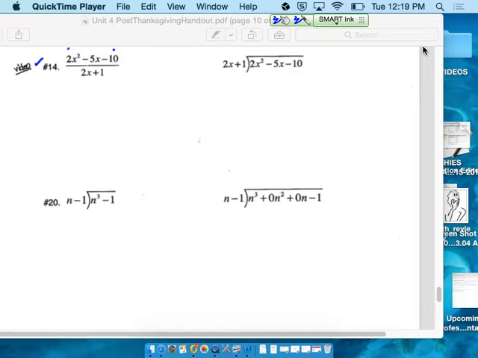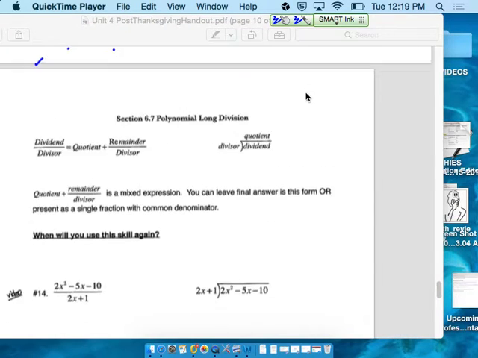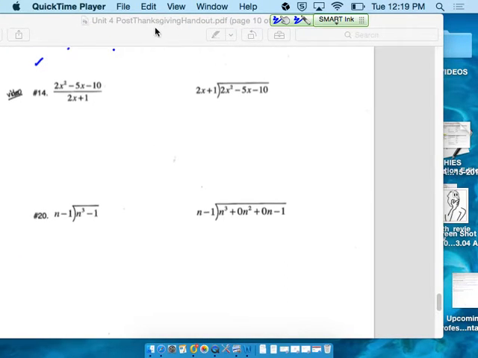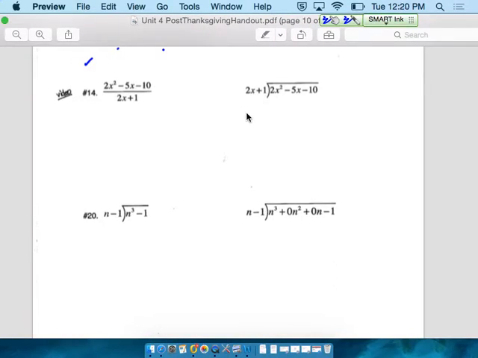So I would recreate the rational expression as a traditional division problem. I've got the divisor of 2x plus 1 and the dividend of 2x squared minus 5x minus 10.